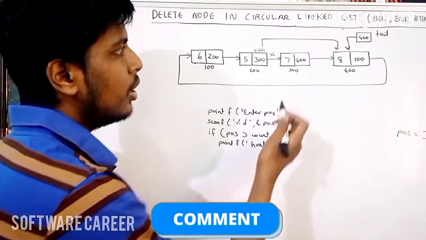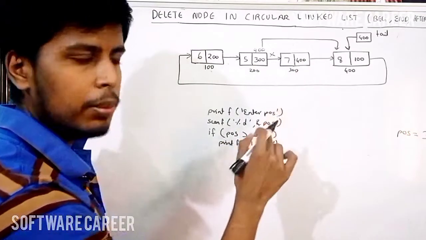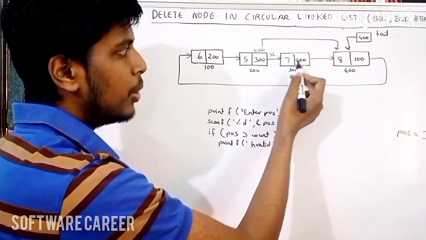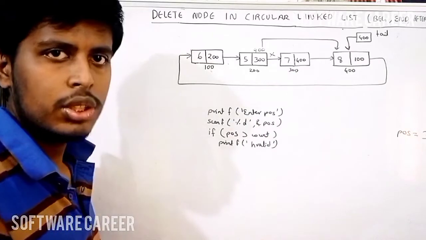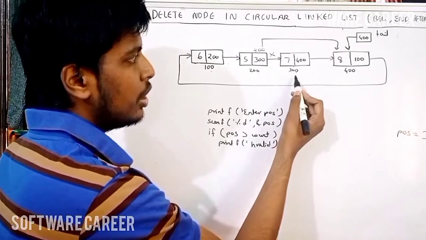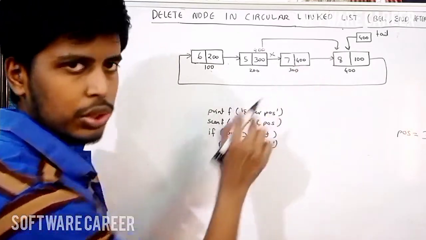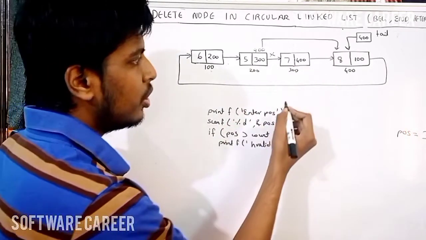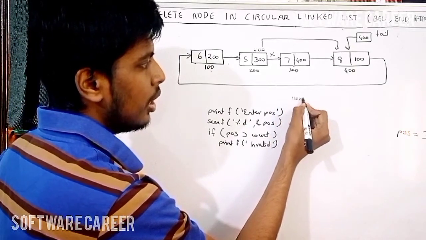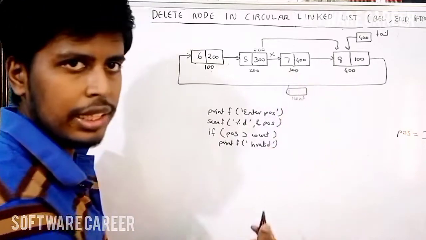Then what to do? Now this node is not part of the linked list, but you should remove it from memory because data is stored in it. So how to remove this garbage value? By using a pointer. I should have a pointer pointing to this node, but there is none. So I'll create another pointer called next, and that next pointer should point to this node, but it can't directly point.